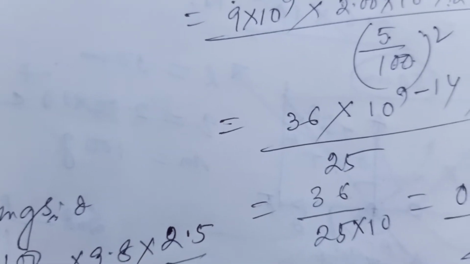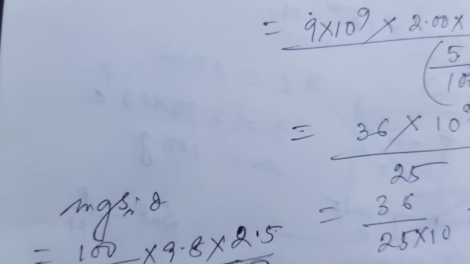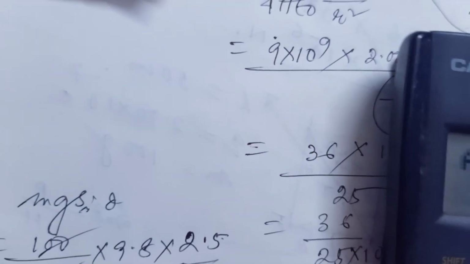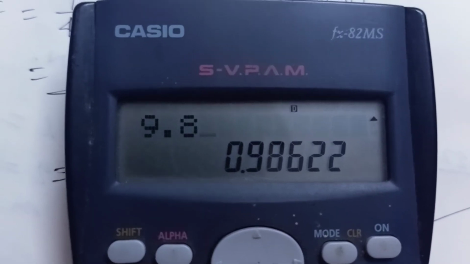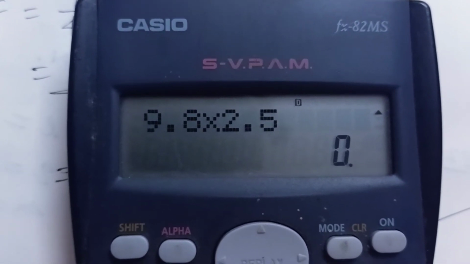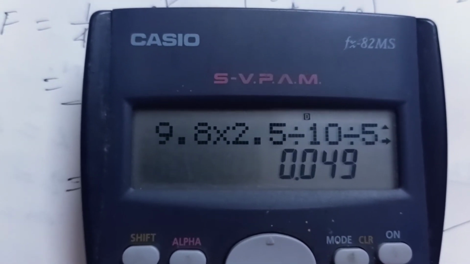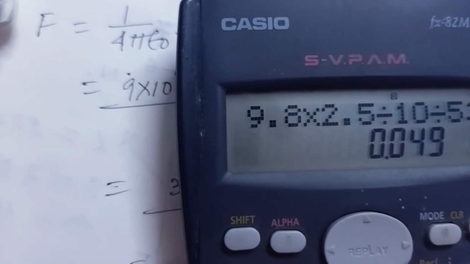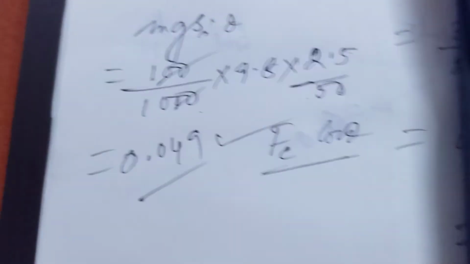This is in centimeters, so you have to take that into consideration. So this is 9.8 into 2.5 divided by 10 divided by 50, which is 0.049. So this is 0.049.